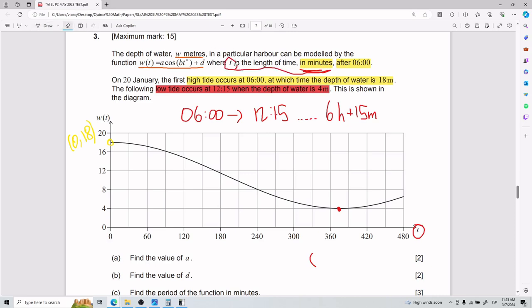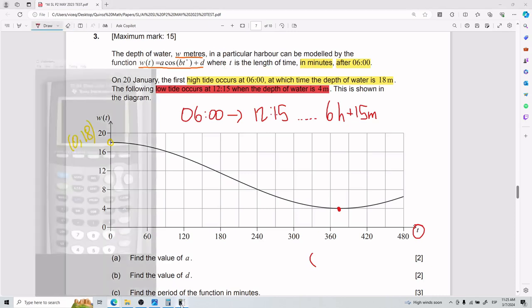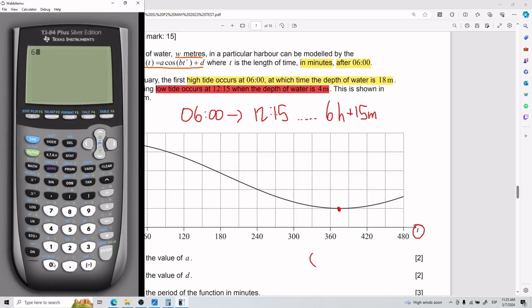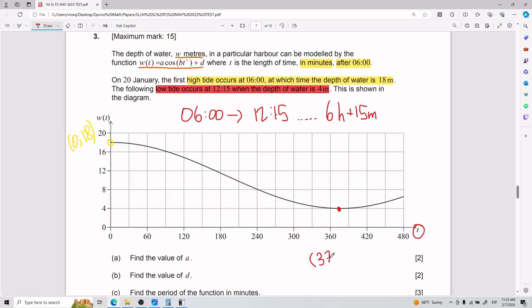And so time in minutes, you take that 6 hours, you multiply it by 60, these are the hours portion, and then you add 15 minutes. And so you have 375, so this point right here is 375 minutes, 4 meters.